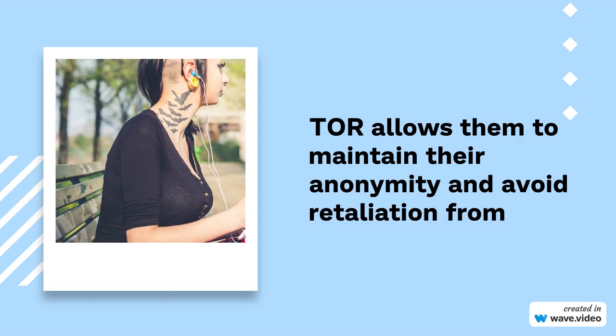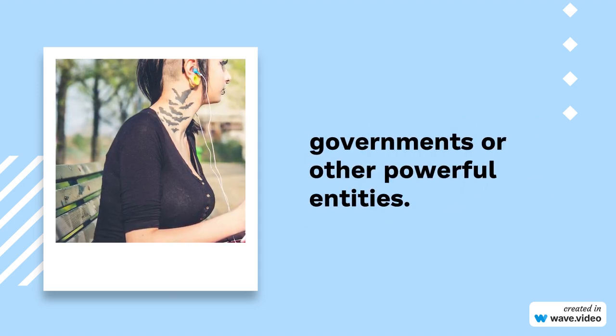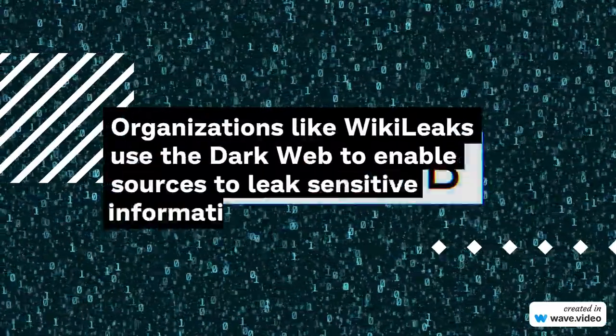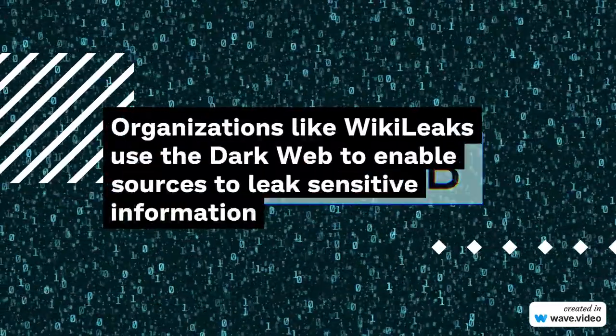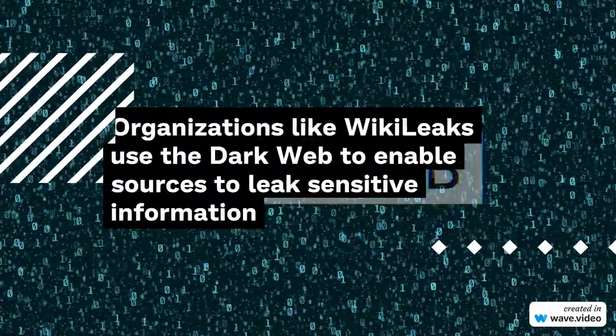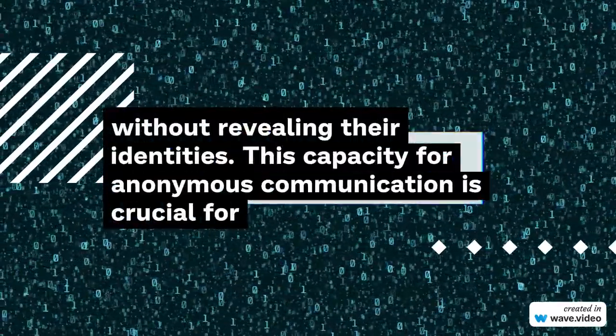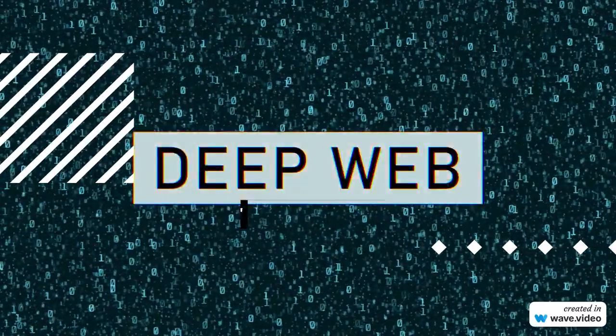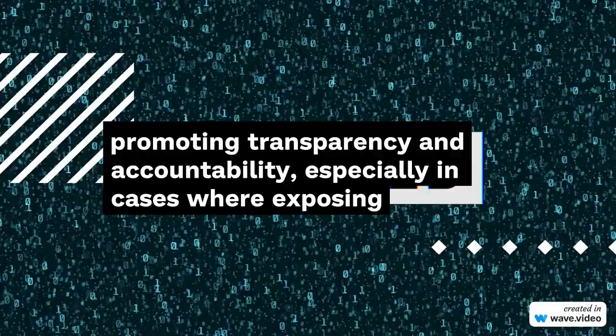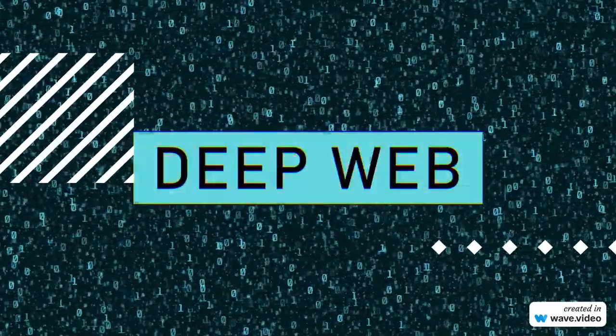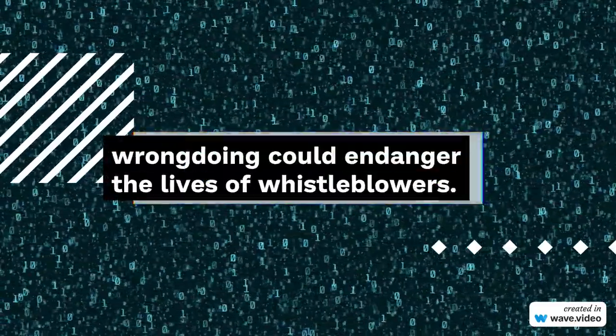Tor allows them to maintain their anonymity and avoid retaliation from governments or other powerful entities. Organizations like WikiLeaks use the dark web to enable sources to leak sensitive information without revealing their identities. This capacity for anonymous communication promotes transparency and accountability, especially in exposing wrongdoing that could otherwise endanger the lives of whistleblowers.